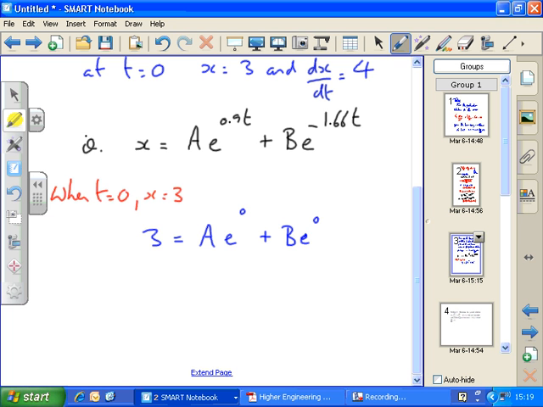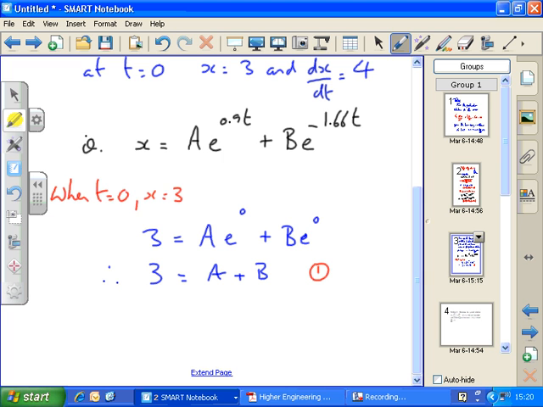This is a very common thing to do. At t equals 0, the power often becomes just 0, and anything to the 0 is 1. So we can write that 3 equals a plus b. And we've used our first initial condition to find the first of two simultaneous equations, effectively.